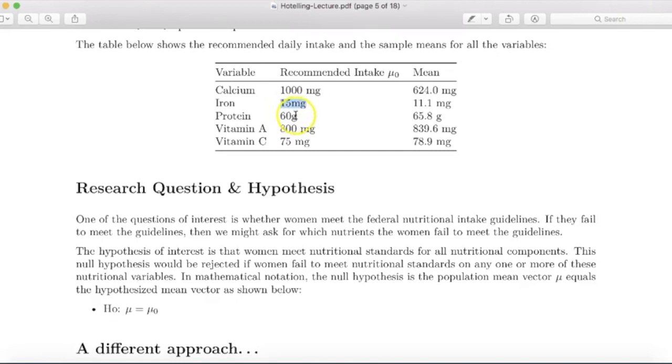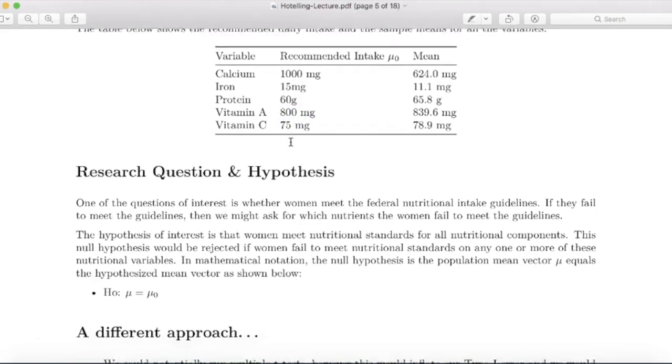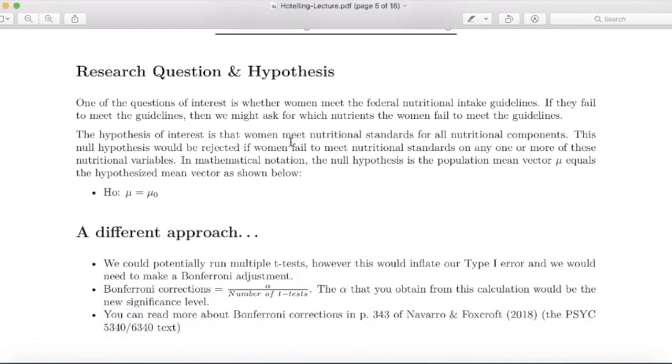Another 5% for iron, another 5% for protein, another 5% for A, and another 5% for C. So that's a lot. Once you add them, it's a lot. So what's recommended in this case, and this happens a lot in my experience, when you do multiple t-tests, is to apply a Bonferroni correction.